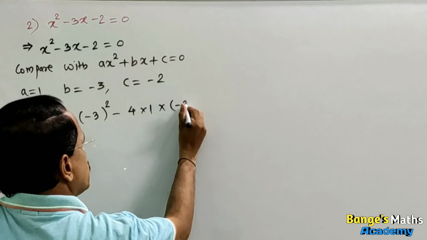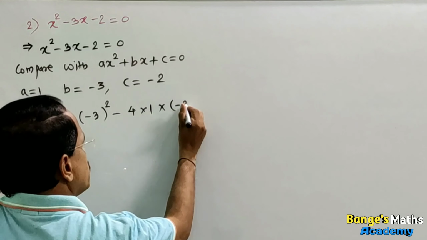Then find the value of b square minus 4ac is equal to b square, 2 square, minus 4 into value of a 3 into c, means minus 7. Simplify this. 2 square is 4, minus into minus plus, 4 into 3 is 12, 12 into 7 is 84, 4 plus 84 is 88.